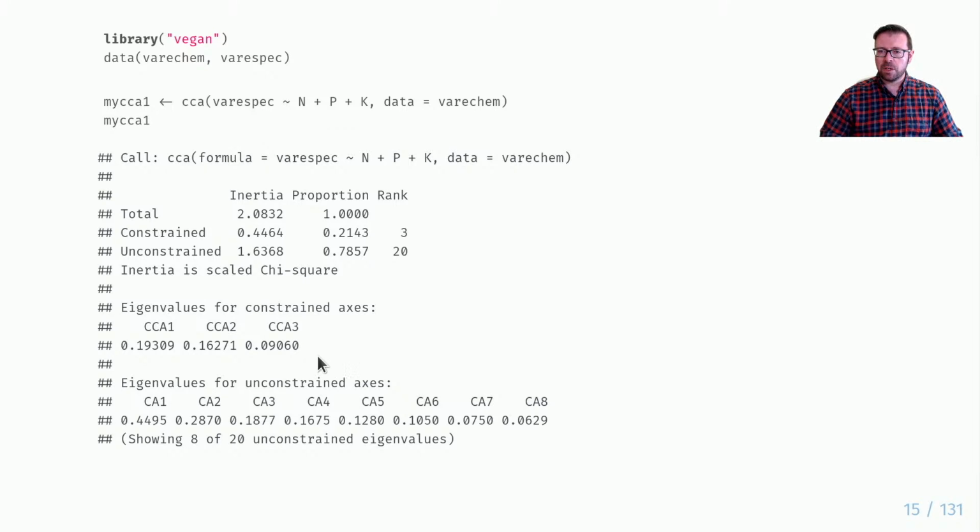But then also notice that the eigenvalues for the unconstrained parts are much larger. Certainly the first 2 are much larger than any of the eigenvalues that we got for our constraints. And what this is telling us is that there is still a lot of structure left in our residuals.